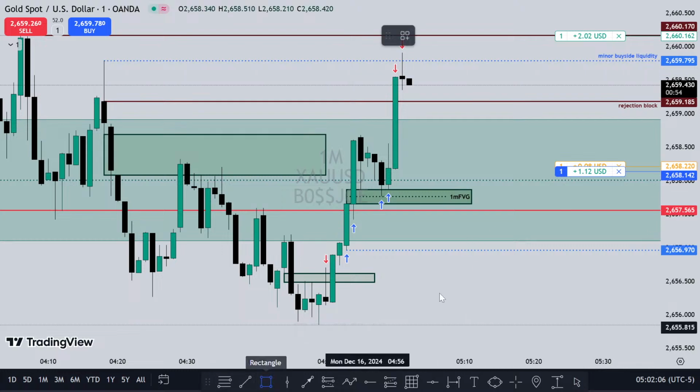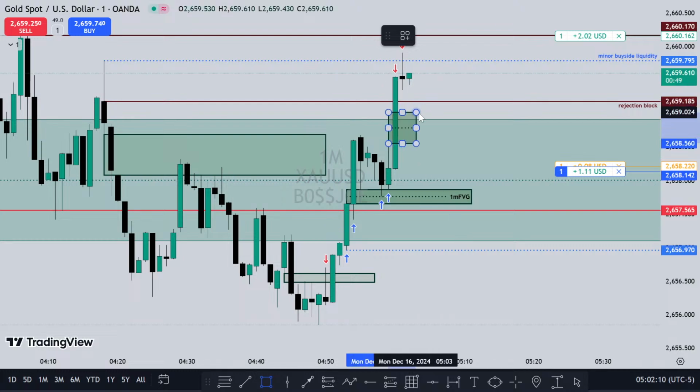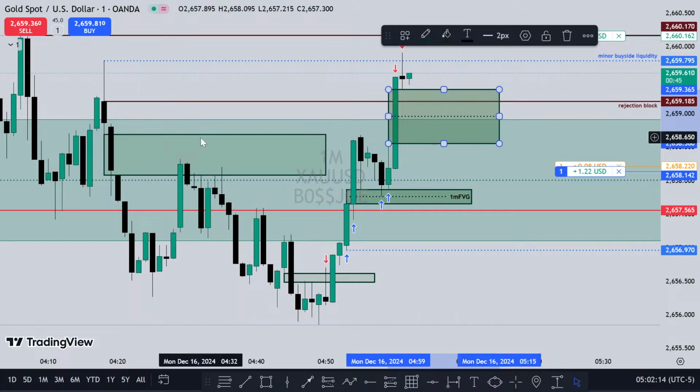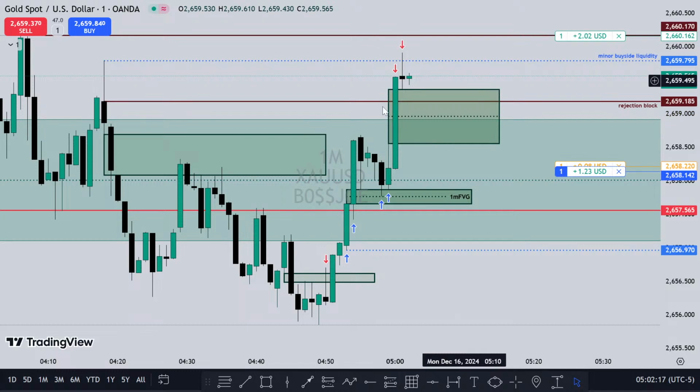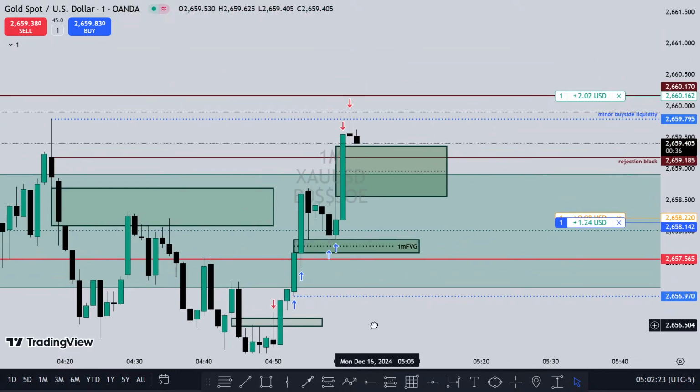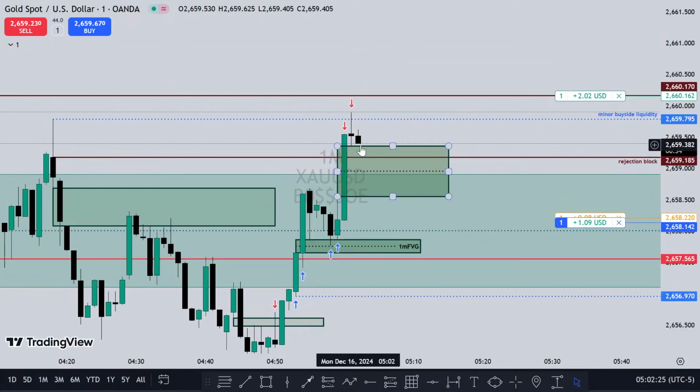Now, what I do is watch price. Can price use this fair value gap that is created now to support it and clear those liquidity points that I've analyzed with you guys here? It's about to tap into that. Now tapped in.